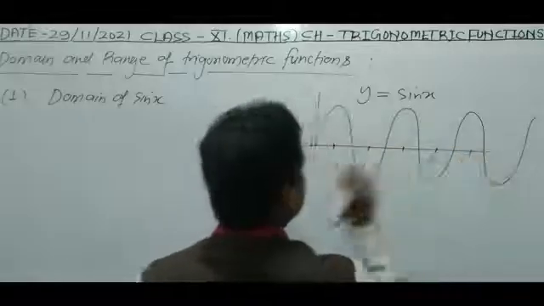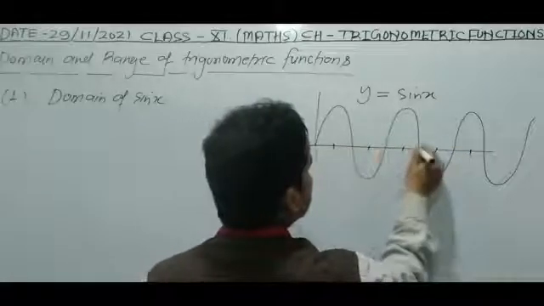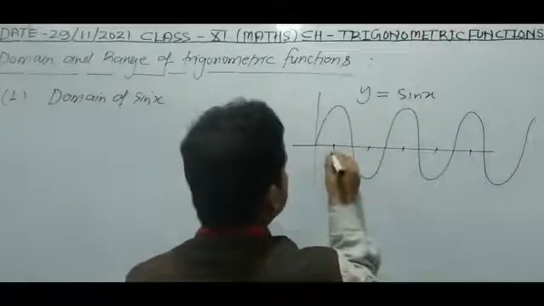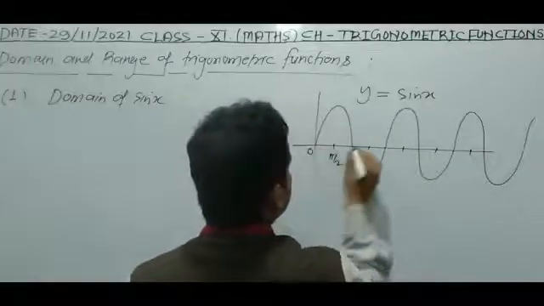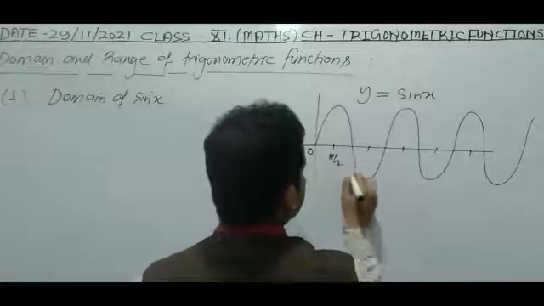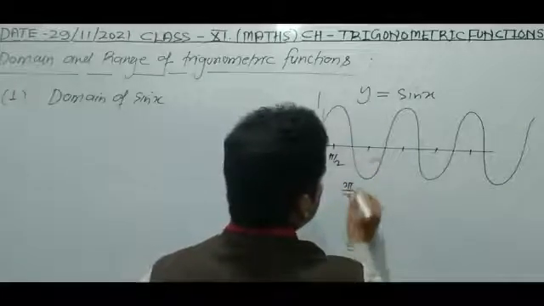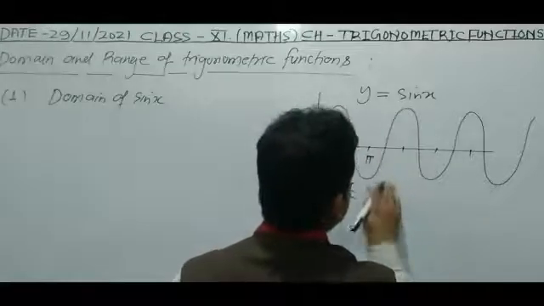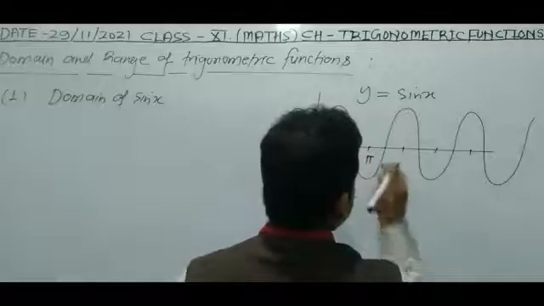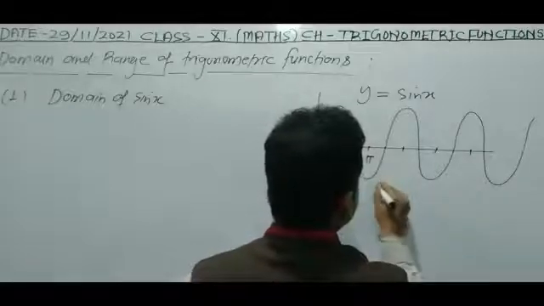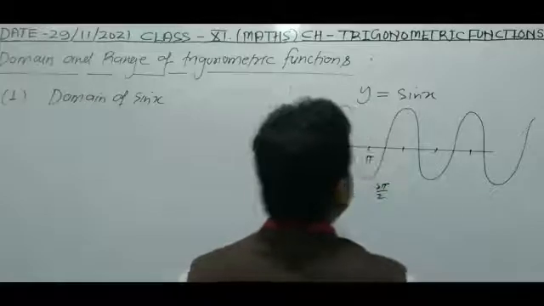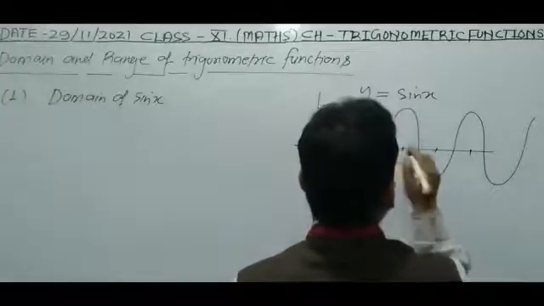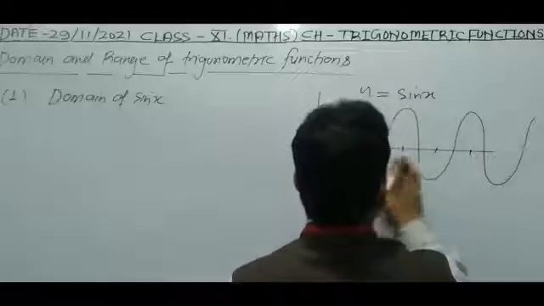The elements lie on the x-axis, and these are the domain elements. This is pi by 2, this is 0, this is 3 pi by 2, and this is pi, this is 5 pi by 2, this is 2 pi.